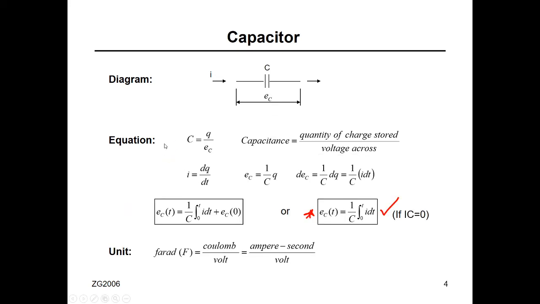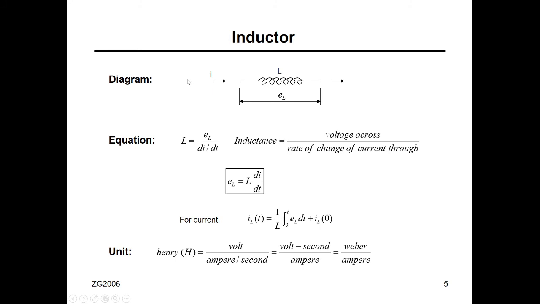One more element and we will be done, which is the inductor. You see the inductor? This is how we draw an inductor. How are we going to find the voltage across the inductor? From the definition of inductance, which is the voltage across over the rate of change of current through. So the inductance L equals e over di/dt, or the voltage equals L di/dt, where L, the inductance, is also a constant for a specific inductor.